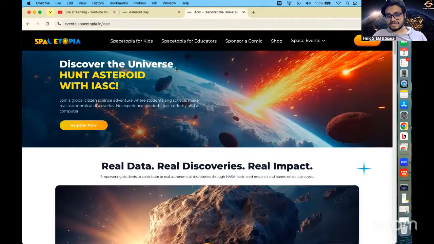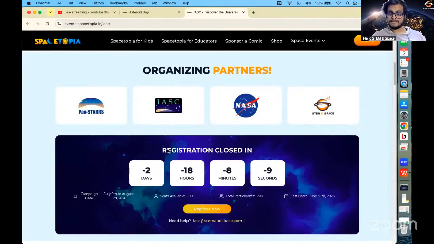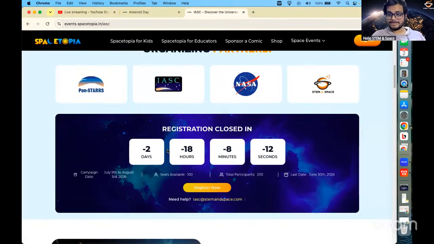Through this campaign, we will provide you the real astronomical data coming from real telescopes and observatories, and you will have to analyze that data and hunt for asteroids. If you find any unknown asteroids lurking in the sky, then you will be called the discoverer of that asteroid, and you may also get to name that asteroid because you were the one who discovered it.